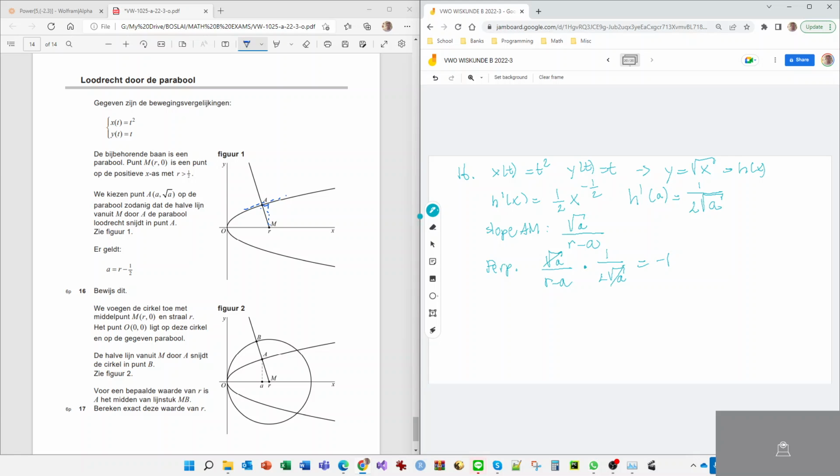Multiply by R minus A both sides, so you get -1/2 equals minus R minus A. That's not exactly right.